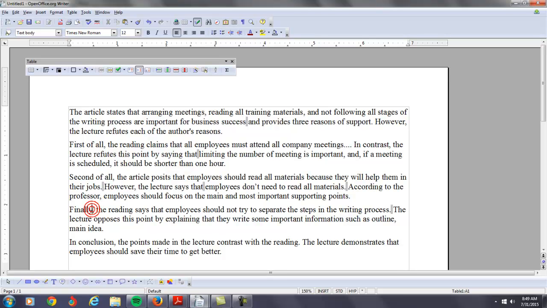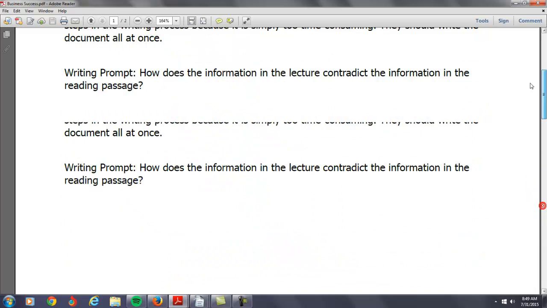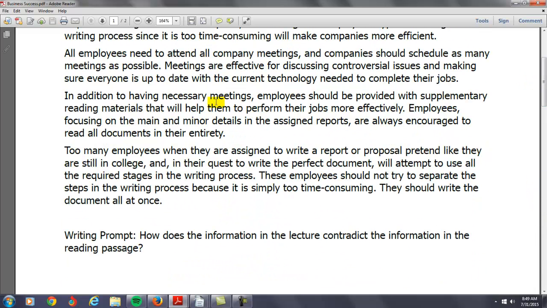So in this case, in the last part, you have finally the reading says that employees should not try to separate the steps in the writing process. Yes, but again, why does the writer say this? So what is the major support point here? So if you look at the actual reading passage, it says they should not separate the steps in the writing process. This is what you want to say here.